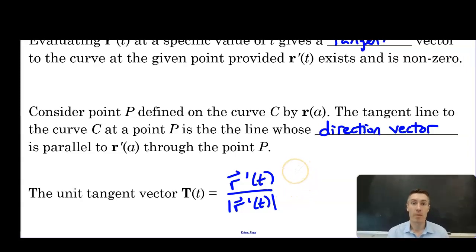Take a vector, divide it by its magnitude, and we've created a vector in the same direction, but of magnitude 1. But in this case, it gets its own notation. So if we see capital T of t, that is referring to the unit tangent vector, and this is how we would find it. Sometimes we're going to find it in terms of t. Sometimes they'll ask us to find it at a specific point. Regardless of where they're asking you to find it, this is how we're going to do so.